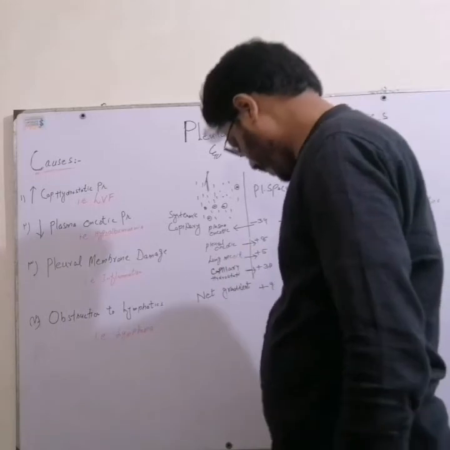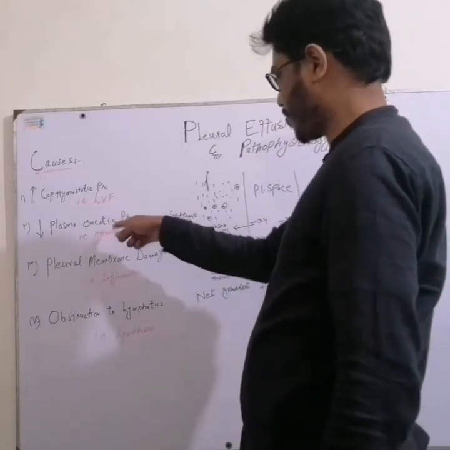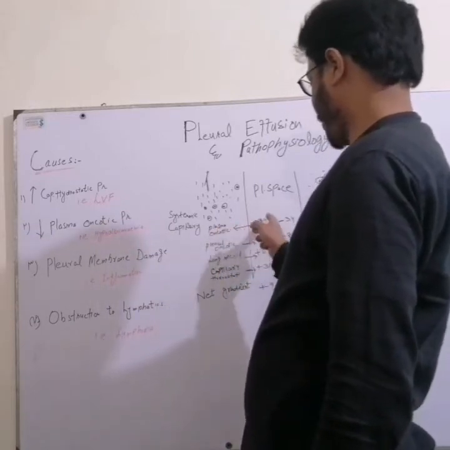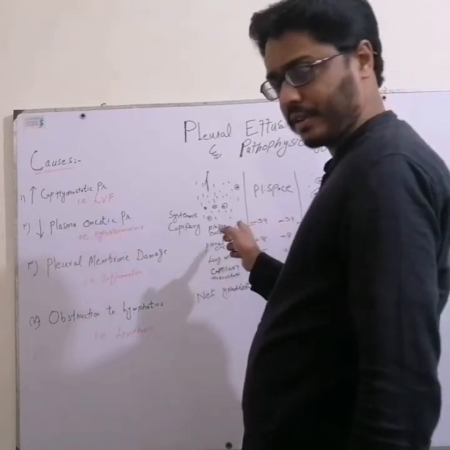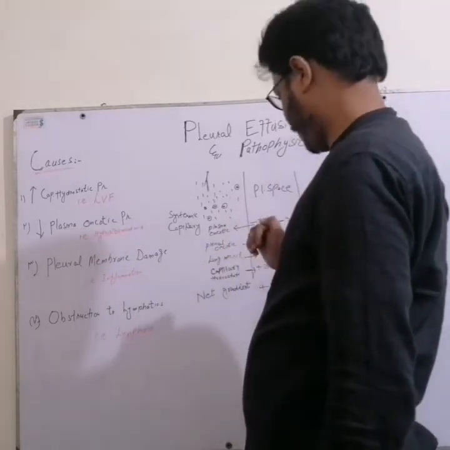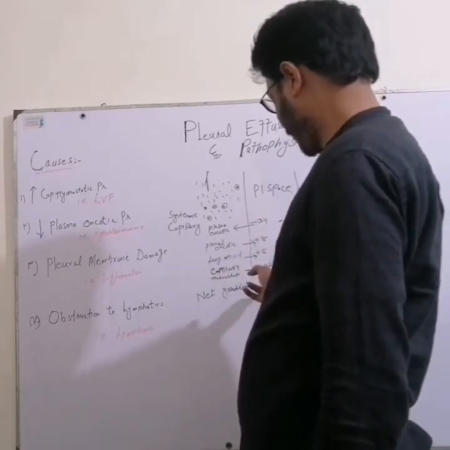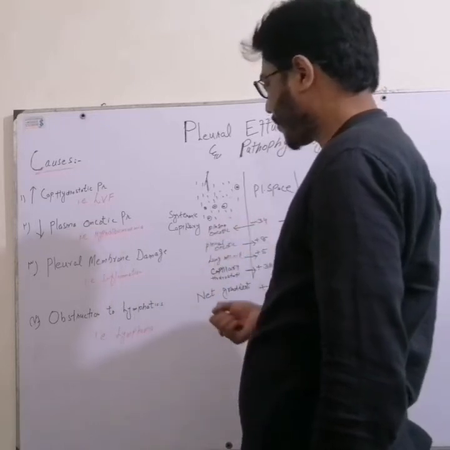Similarly, another cause might be a decreased plasma oncotic pressure. If this plasma oncotic pressure, which you can see here is minus 34 centimeters of water normally, is decreased, the net forces will be more positive, and they will draw the fluid into the pleural space.